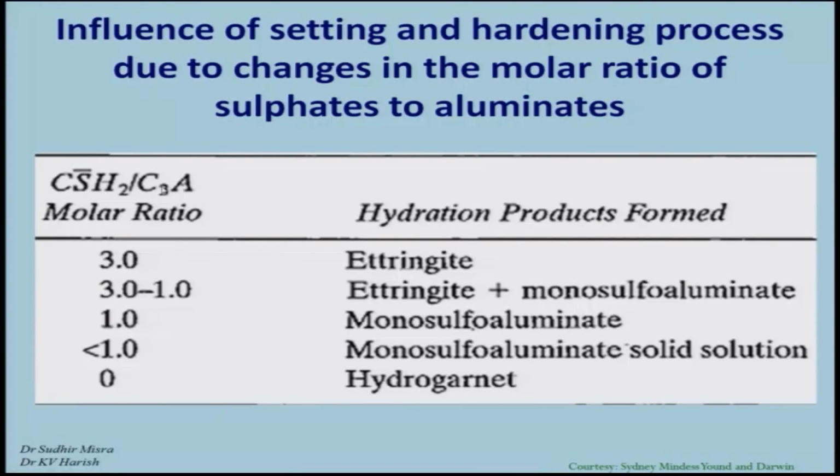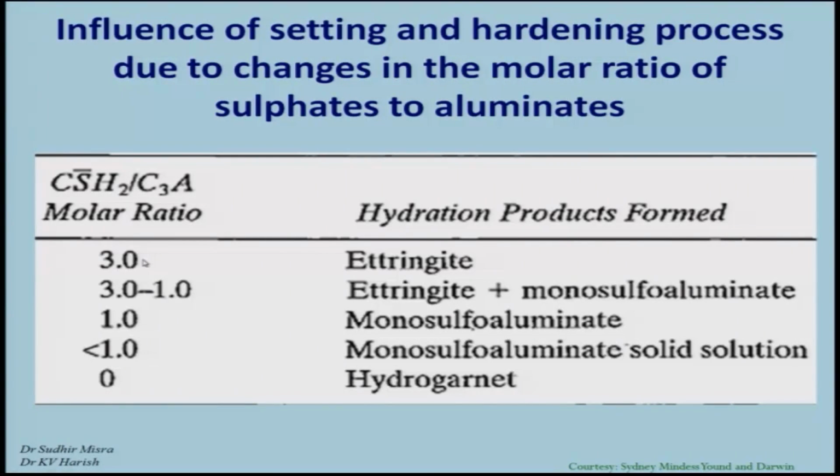What is shown in this table is that in the first column you have the gypsum to tricalcium aluminate molar ratio. In the second column you have the different hydration products that could be formed. If you see carefully, for a molar ratio of approximately 3, which is generally considered to be optimal, you get ettringite as a hydration product.